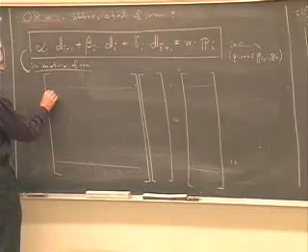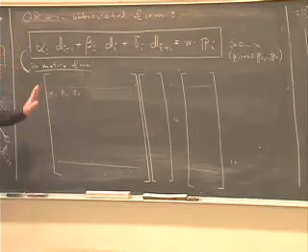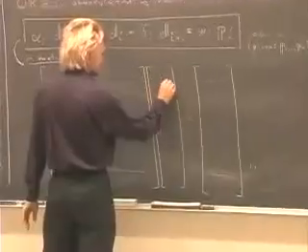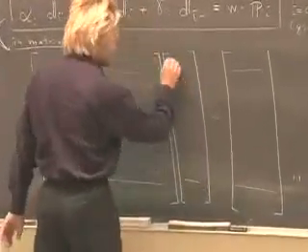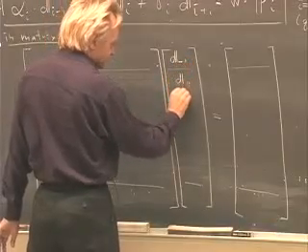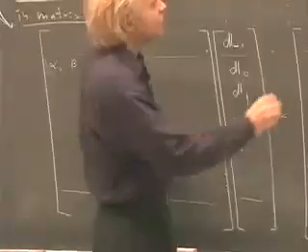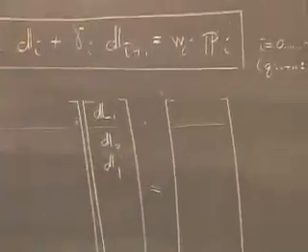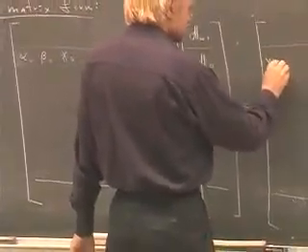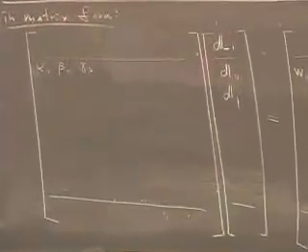So the first row is alpha_0, beta_0, gamma_0, and they multiply the first three control points, d_{-1}, d_0, and d_1, and it equals w_0 times p_0.